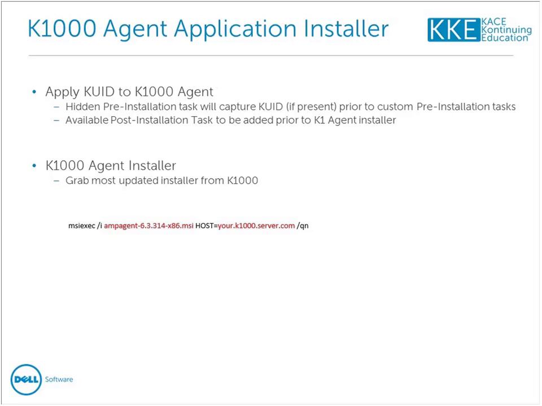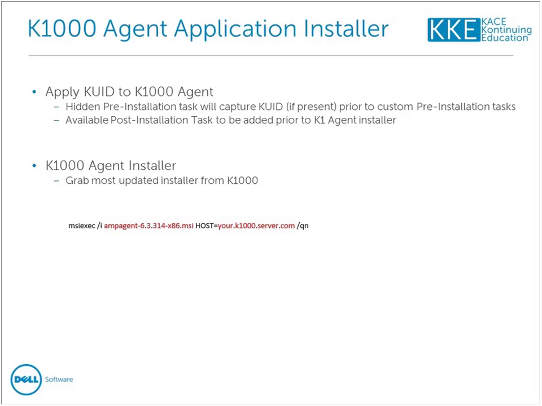We do not want the K1000 agent installer creating a new KUID, which would create new records, use up another license, and sever the ties with the old assets. It was Bob's machine before I reimaged. It's still Bob's machine now, so we want to preserve that KUID, which is the unique identifier. We want to preserve that number.